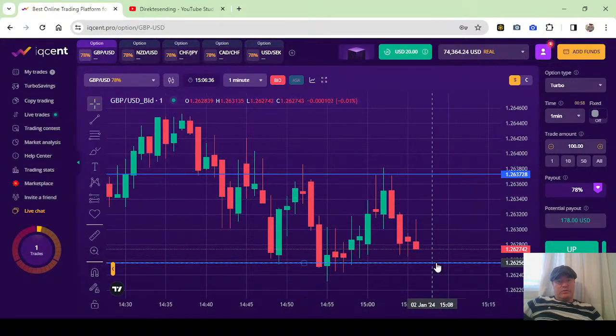Okay, we are getting close to entry here for GBP/USD. It is an interest area we have down here, but let's see. Better than this. Little better than this.